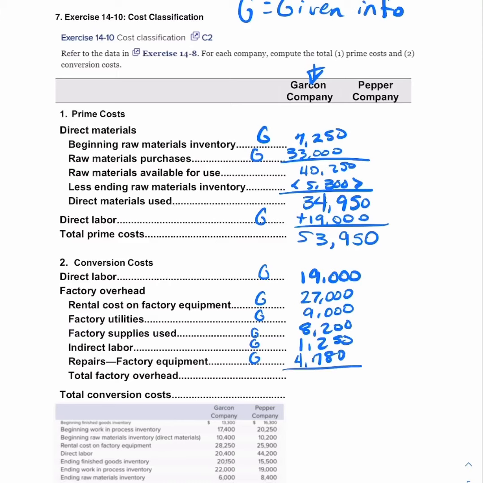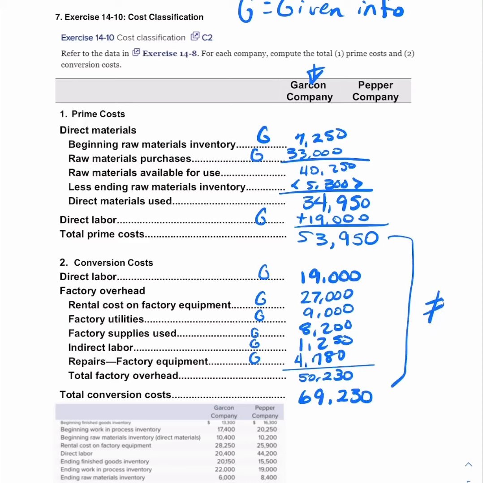Now when you add all those items up, what you'll find is that total factory overhead number is $50,230. Your conversion cost then is $69,230.